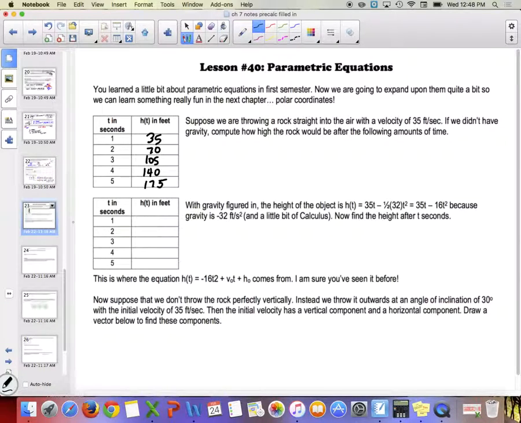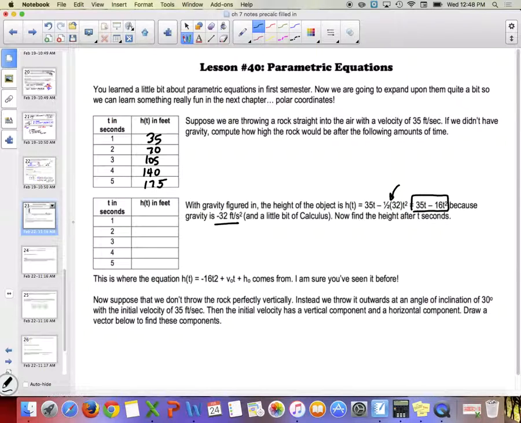But if gravity is figured in, then we know all things that go up must come down on Earth, right? So the gravity constant is negative 32 feet per second squared. With a little bit of calculus, your height equation ends up being half of that 32 t squared. So here's what we would get: 35t minus 16t squared.